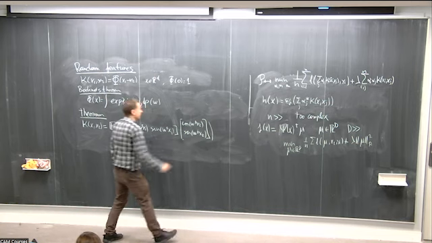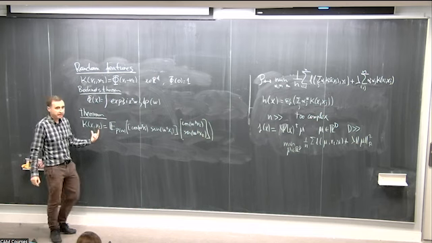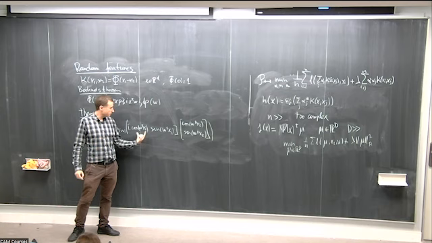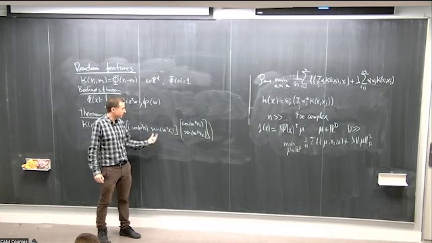Okay, so basically, if we are in a situation like this, the kernel is given by the expectation of these products between sines and cosines. So it's cosine times cosine plus sine times sine.